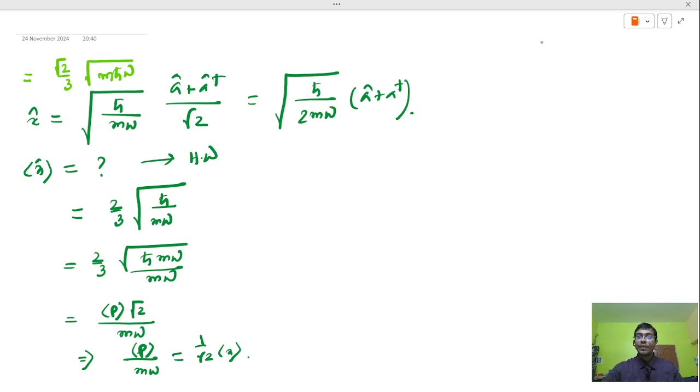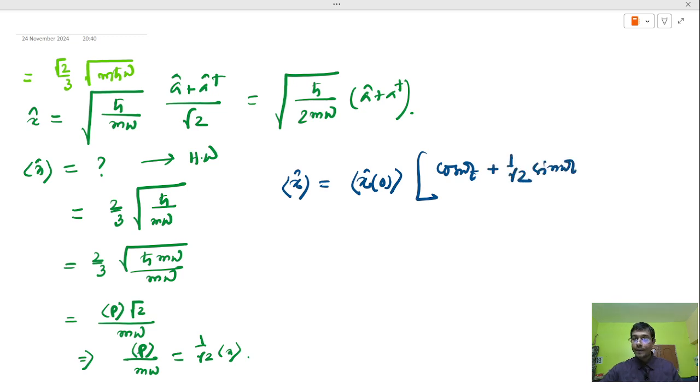So the final conclusion, after putting the expectation of x and p at t equal to 0, is that the x expectation is x0 expectation, which is common here, times cos omega t plus 1 by root 2 sin omega t. This is our final answer of this lengthy TIFR question, 5 marks.